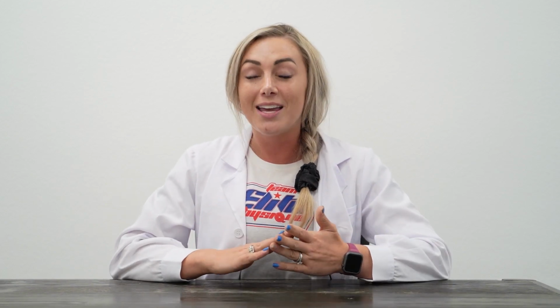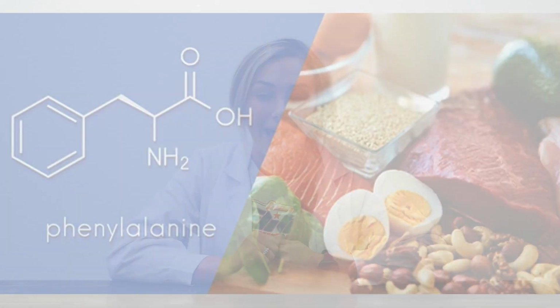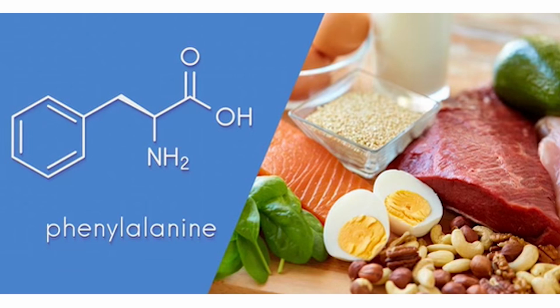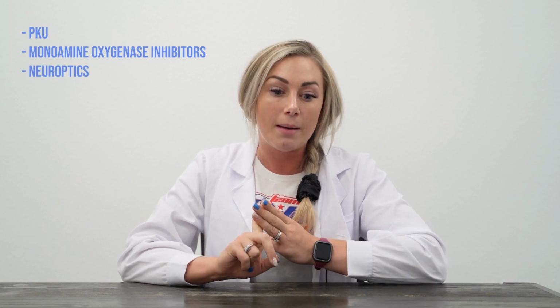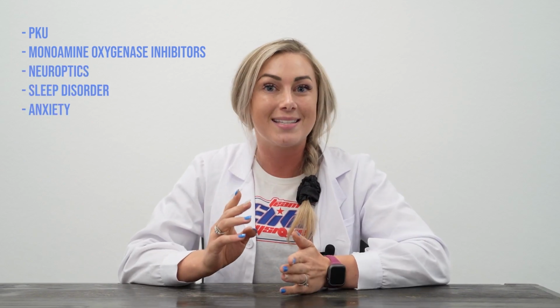The other thing about aspartame, and this is part of why it's been demonized, is that it has phenylalanine. It's composed of aspartic acid and phenylalanine, but that phenylalanine can cause issues for some people. It can actually cause neurological disorders if it's consumed in excess. So if you're a person with PKU, taking monoamine oxidase inhibitors, neuroleptics, or if you have a sleep disorder or anxiety, this can cause issues if it's consumed in excess, which is part of why this particular sweetener has been demonized.